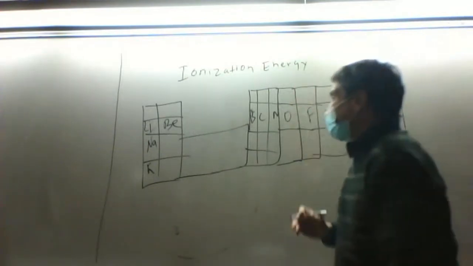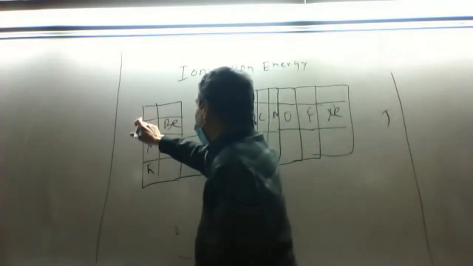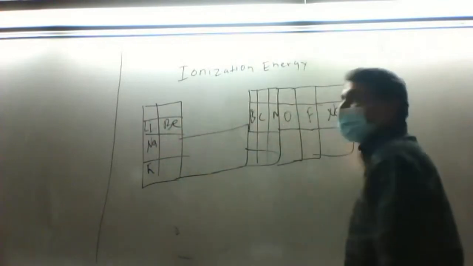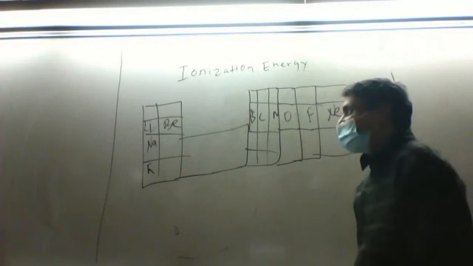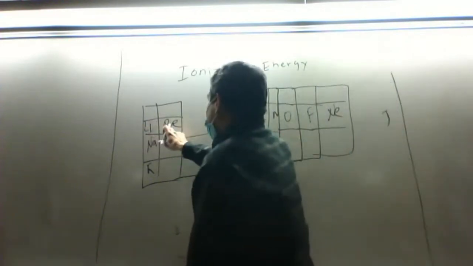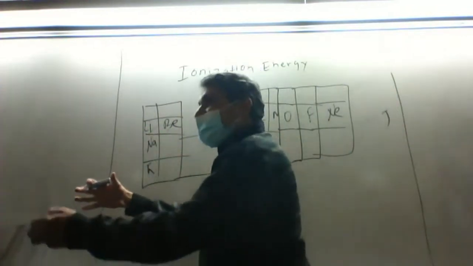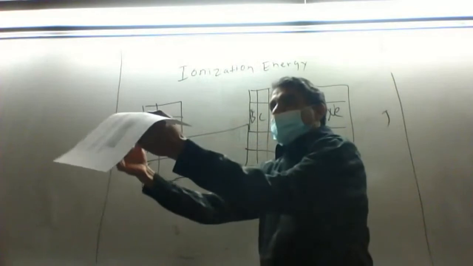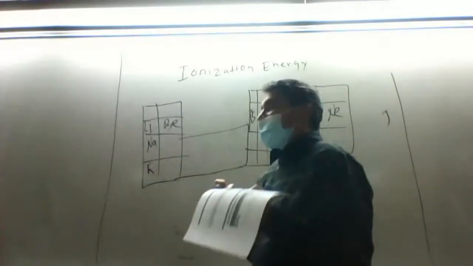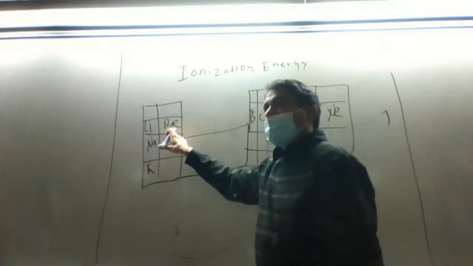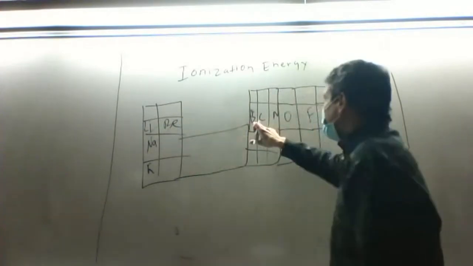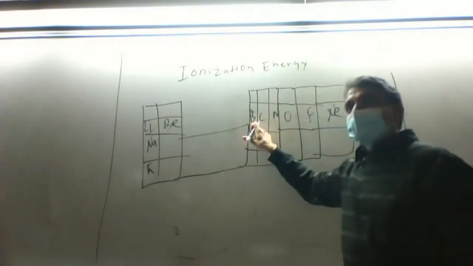So what happens to the ionization energy if I go from this to this to this to this? I already told you, when we go from this to this, the size becomes smaller, right? And the outer electron is pulled by the proton with a very strong force, and it's very hard to remove the electron from here. If you go here, the size of the boron atom is even smaller.